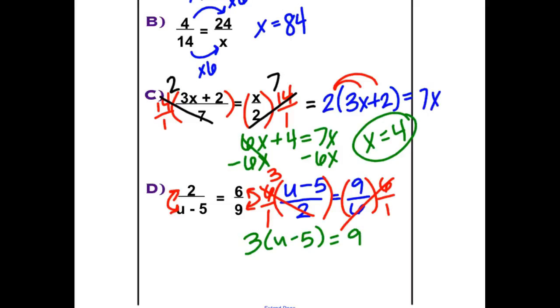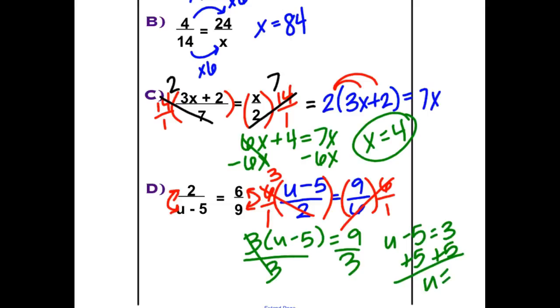Now I can go back to example B from yesterday and remember, well, 3 is on the outside, 9 is divisible by 3, so I'm going to divide both sides by 3 instead of distributing in, which means I now have u minus 5 equal to 3. And then I add 5 to both sides to give me u equals 8.